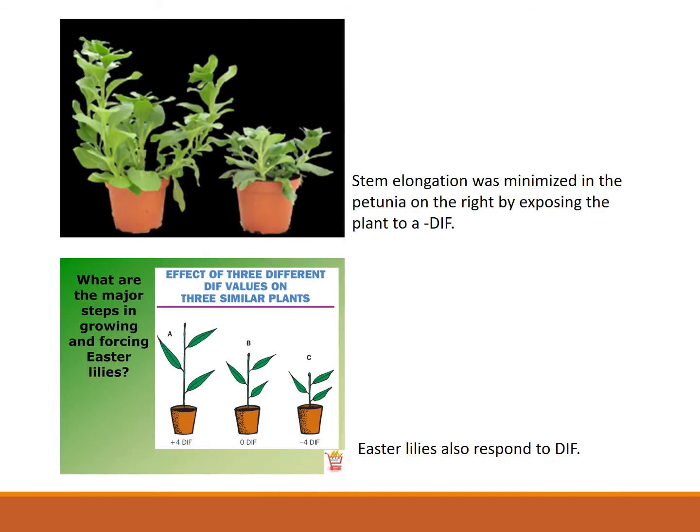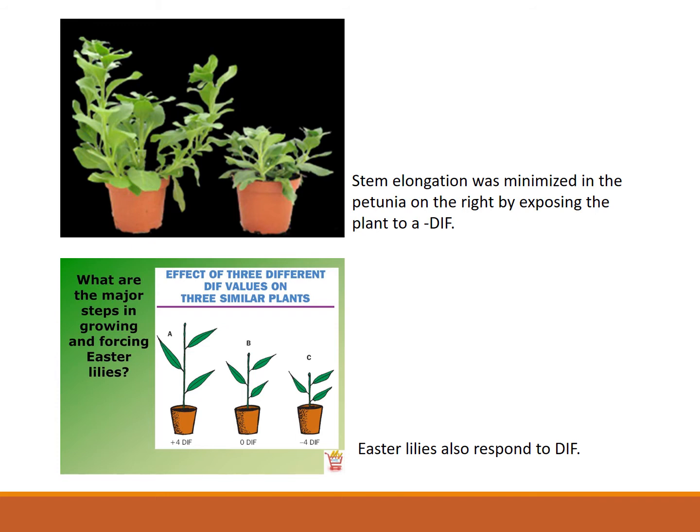So here's a couple pictures that illustrate how diff can affect plant growth. In the picture on the top, we're looking at some petunias that are grown in pots, and they were grown in a greenhouse situation where you can control the daytime and nighttime temperatures.